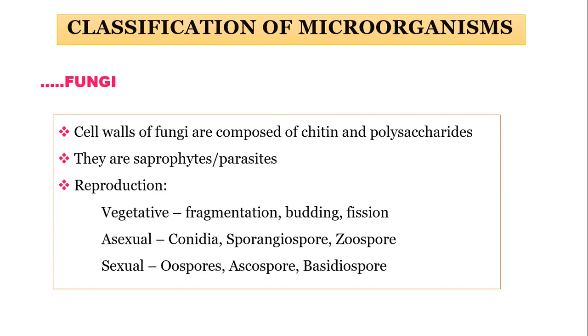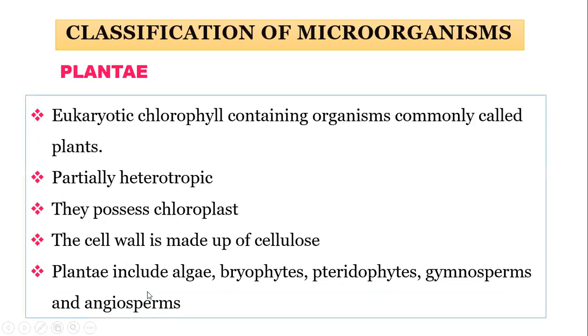They reproduce by vegetative reproduction like fragmentation, budding, and fission, and asexual reproduction by the formation of conidia, sporangiospores, and zoospores, and sexual reproduction by oospores, ascospores, and basidiospores.